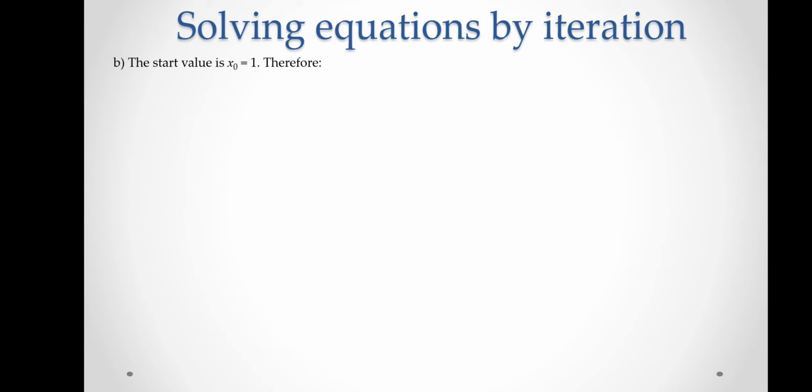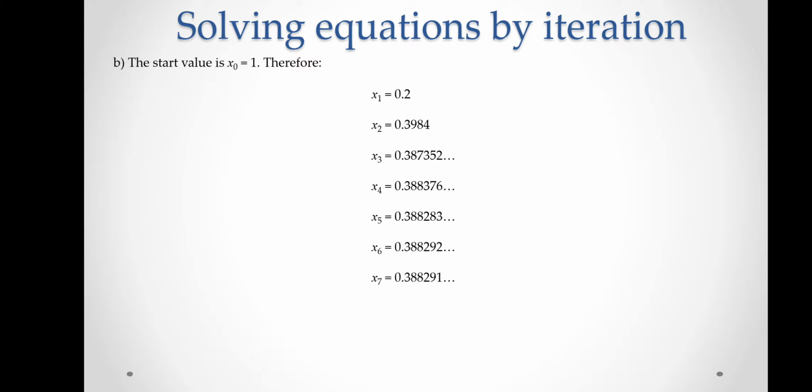So you can take that equation as an iteration formula. Then taking x naught as 1, find x1, x2, x3, x4, x5, x6. So using your calculator you can easily find them. So you can see here it's repeating 0.388, right?